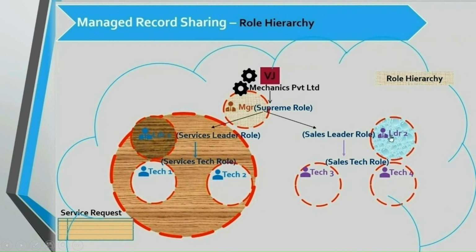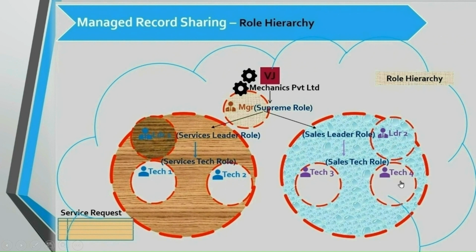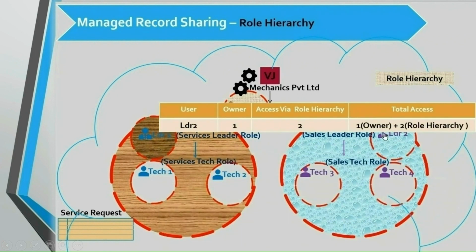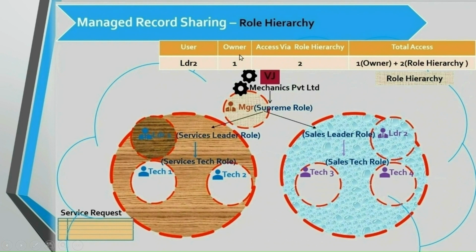Same way, LDR2 also will have access to his subordinates' records. Hence, LDR2 will have one as owner as he has created only one record, and whatever his subordinates Tech 3 and Tech 4 created, those records he would also get access to because of the role hierarchy, that is 2 records. Completely he will have 3 record accesses.